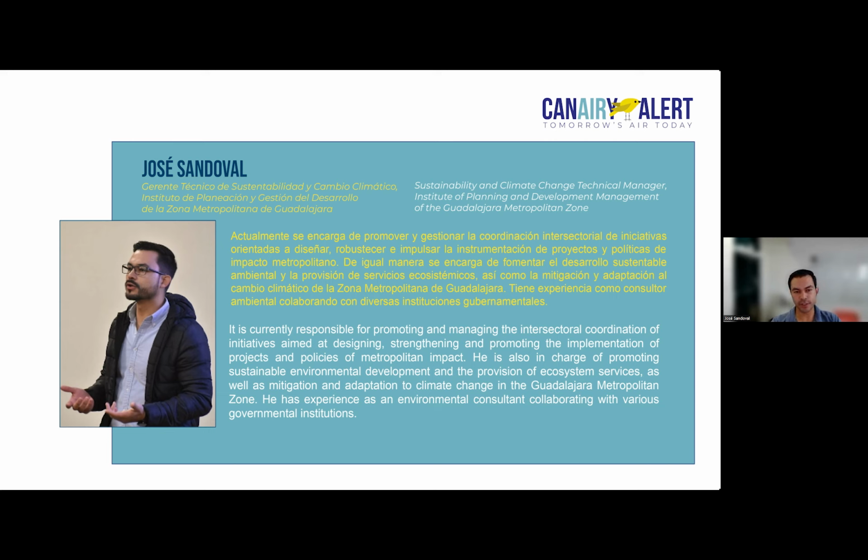I just want to highlight that this inventory is the first integrated inventory at a metropolitan level that was developed through our governance of metropolitan coordination, where we are involving different stakeholders from a state level, federal level, municipal level. So this integrated inventory is a tool where the results are at a metropolitan level and they are disaggregated for each one of the different municipalities that make up our city.